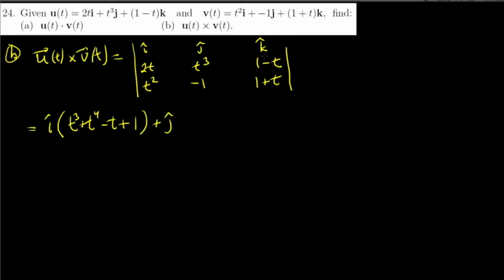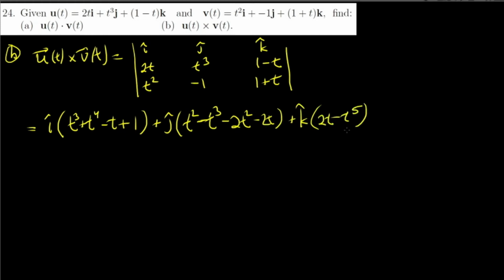So this is going to be t squared minus t cubed, and then minus 2t squared plus 2t, minus 2t, rather. And then k, you get 2t minus t to the 5th.